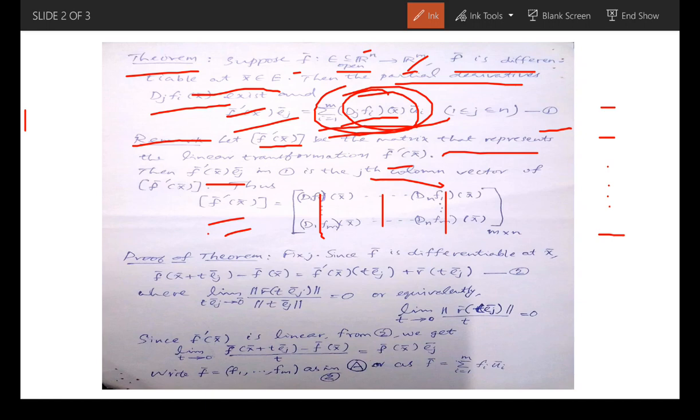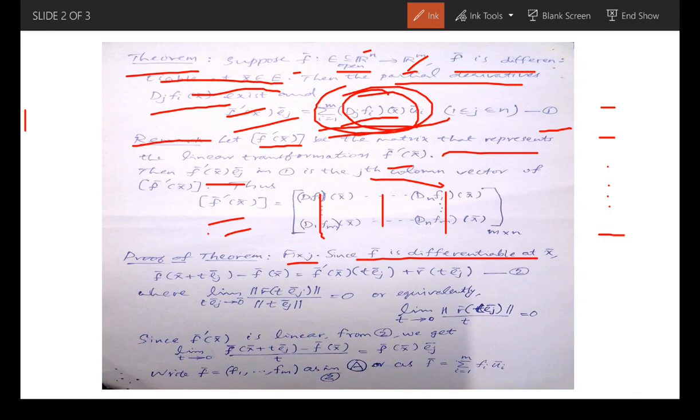Now we shall prove this theorem. So first fix a j in the set 1 to n. Now f is given to be differentiable at x. So since f is differentiable at x, remember the definition of differentiation for functions of several variables.